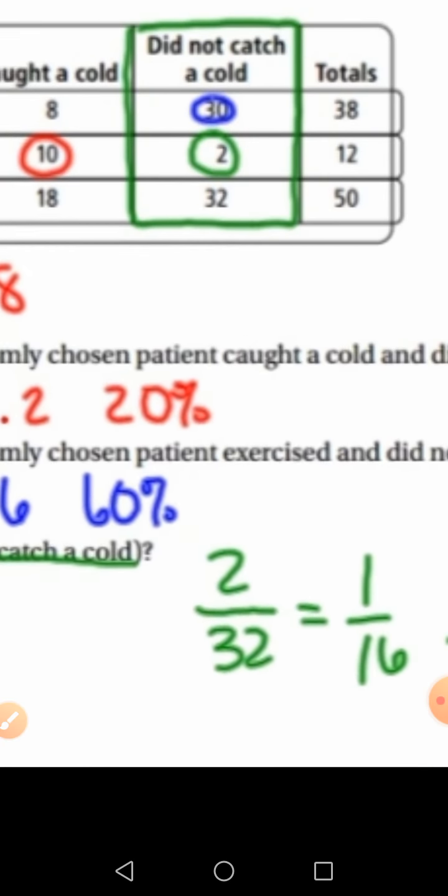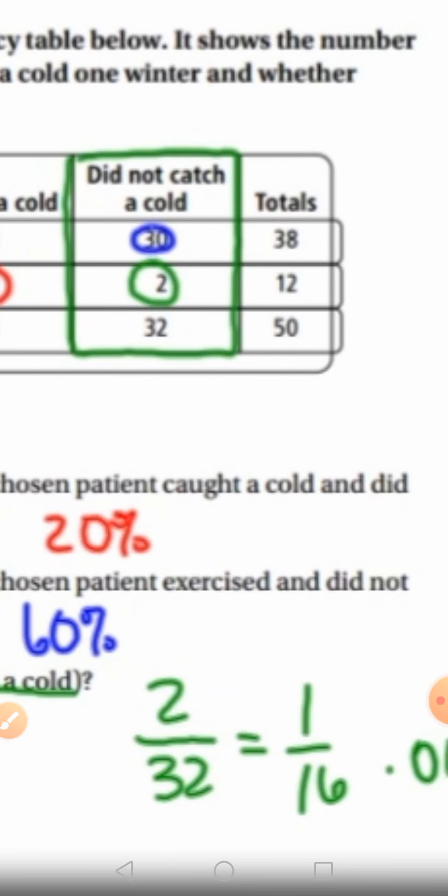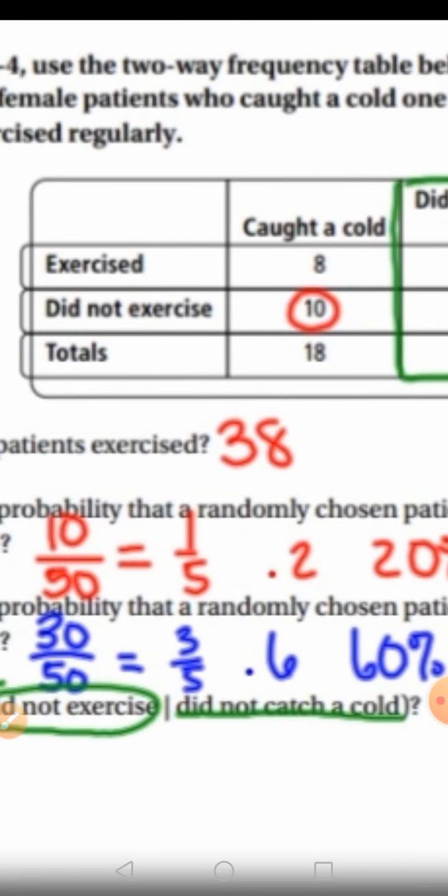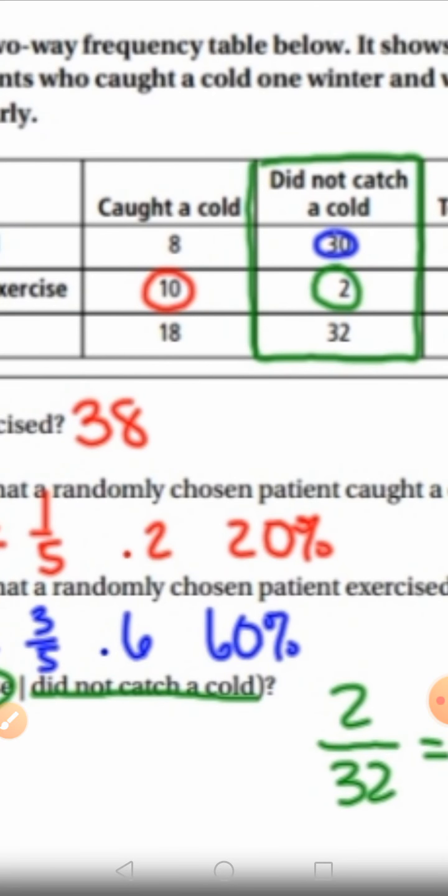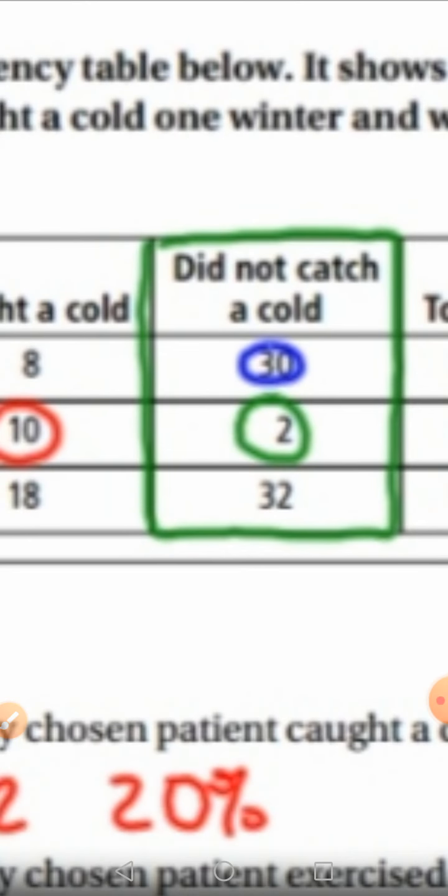So it will be the total number of outcomes, 50. Okay, the other number will be what? Patient exercised and didn't catch a cold. Where patient exercised and didn't catch a cold is 30. You got me?